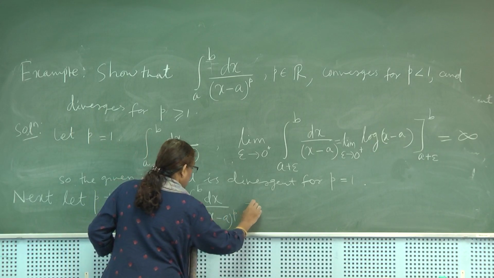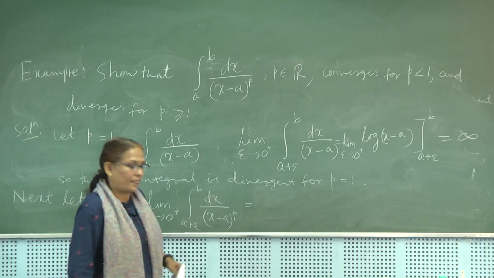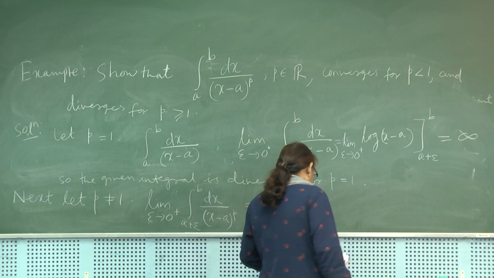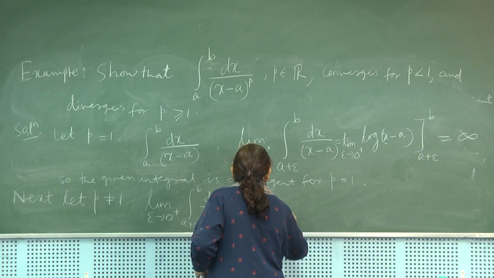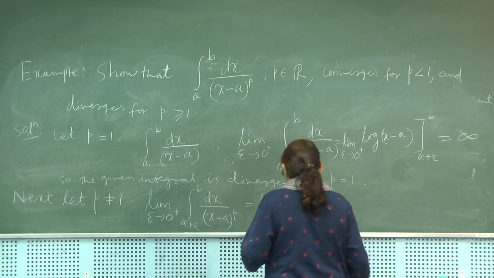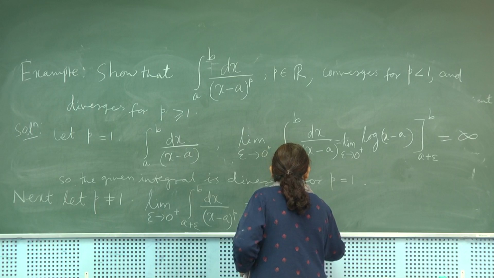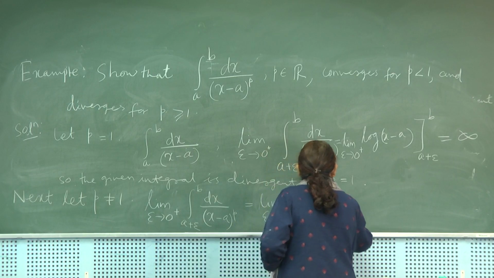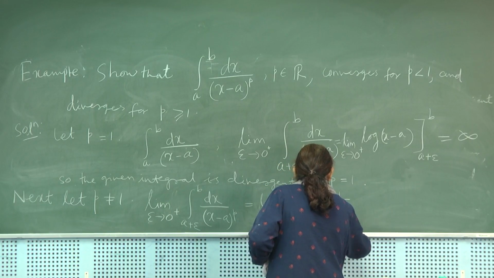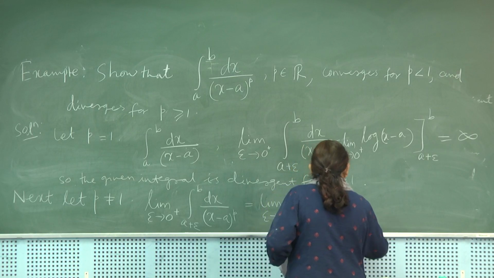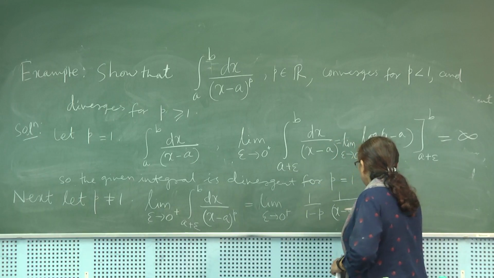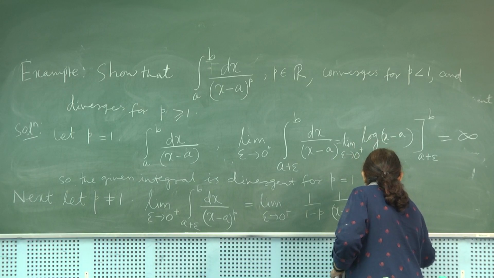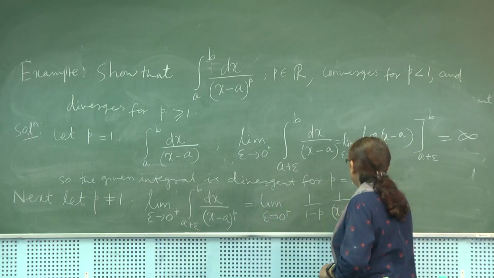You find out the limiting value of this integral. Well, we get the limit epsilon tends to 0 plus, again you check, 1 upon 1 minus p and 1 by x minus a whole to the power p minus 1, that is what you will get, and evaluate in this range, a plus epsilon to b.